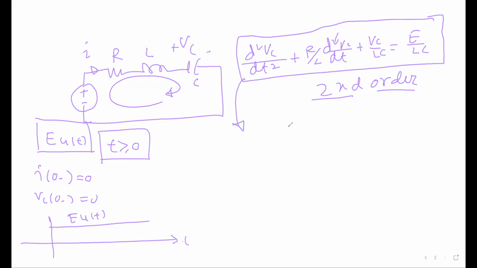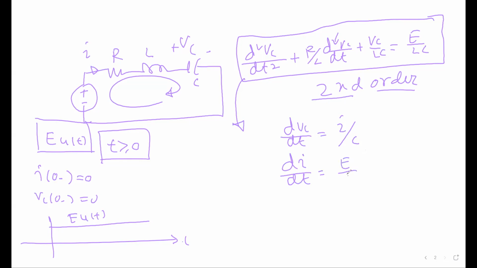We know that our capacitor current dVc divided by dt is simply equal to I divided by C. And in the same way, we can write our inductor current, dI by dt is equal to what?